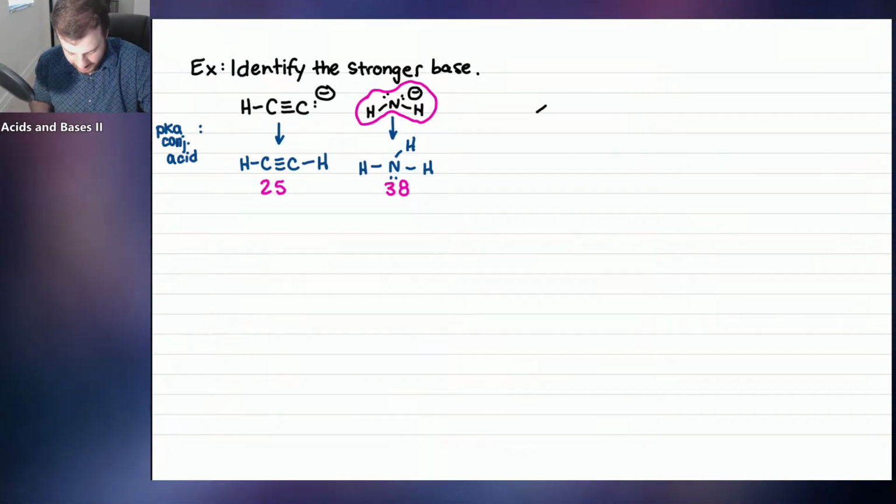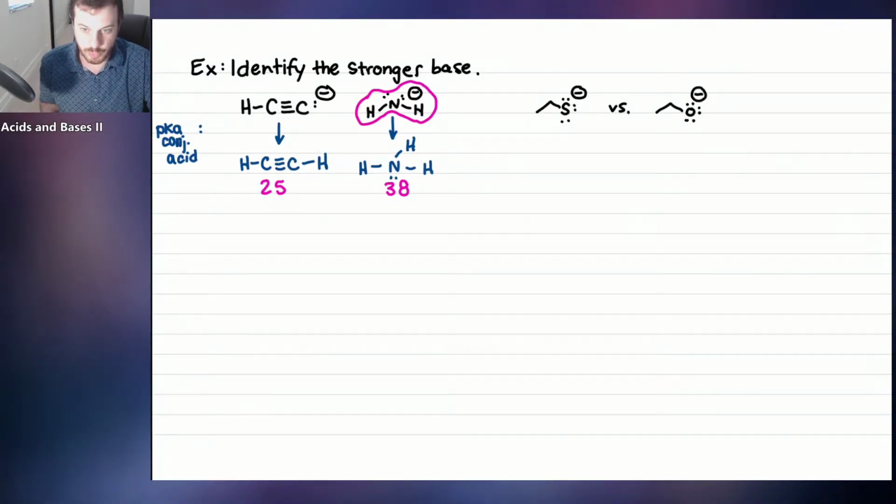Let's do another one just for practice here. Let's take this deprotonated thiol versus a deprotonated alcohol. Okay, we'll protonate both of these in our head. So we'll be adding an H to the sulfur and adding an H to the oxygen. We look at our pKa table. I'm not even going to write down the conjugate acids. You can kind of envision what they will look like in your head.